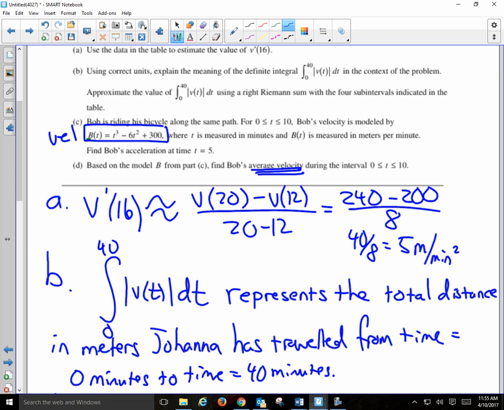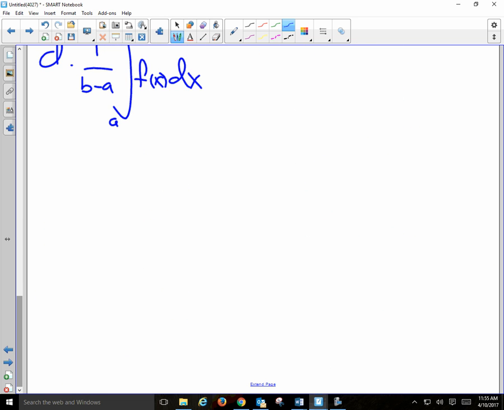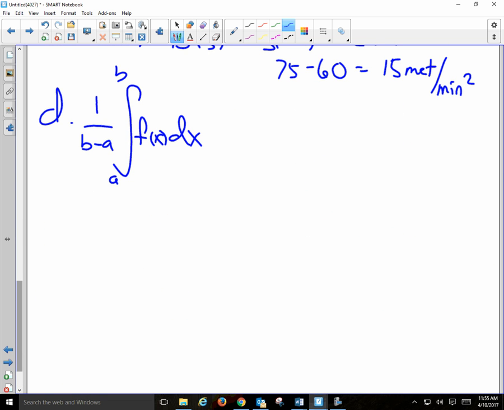Does that kind of make sense a little bit? If it was average acceleration, that's a rate of change from your velocity, so you'd use slope. But average velocity, average value of that function. So we've got to set that up. So that's our formula for average value of a function.